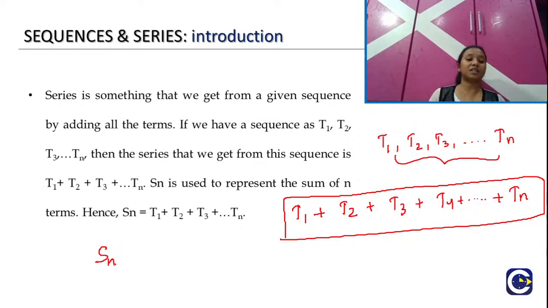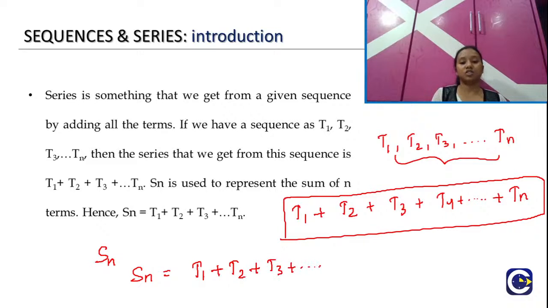So Sn is nothing but sum of all the terms which are present in the sequence. So here Sn series will be equal to T1 plus T2 plus T3 plus and so on until Tn.